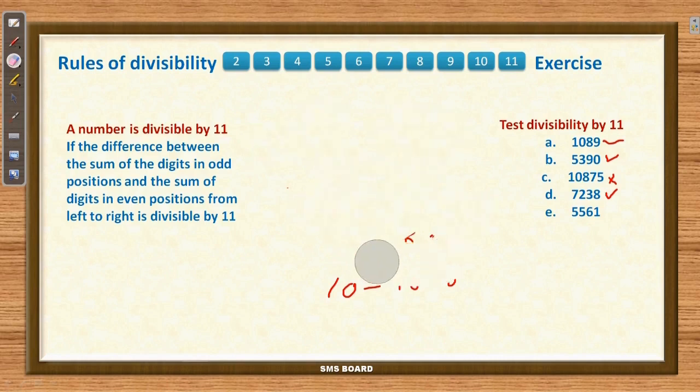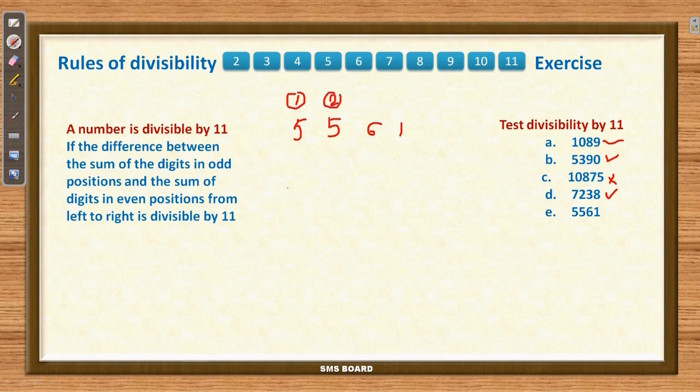Now let us discuss the last problem, that is 5,561. Here odd position, even position, odd position, even position.